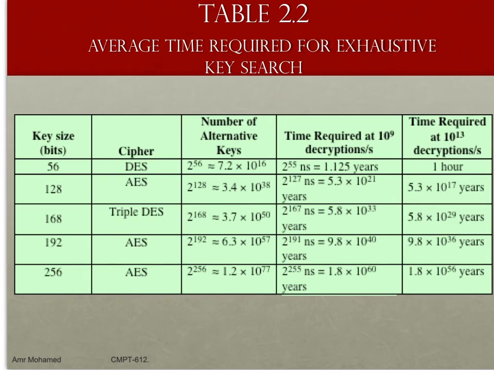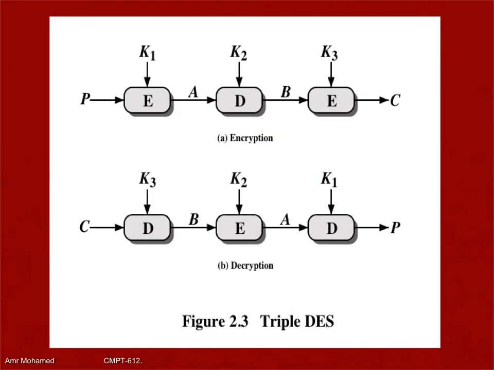Okay. AES uses a key size of typically 128, 192, or 256, which increases the security level much, much higher. However, again, the important factor for AES is actually the complexity of the algorithm itself, which we will see how we can make it much less complicated compared to DES and triple DES.